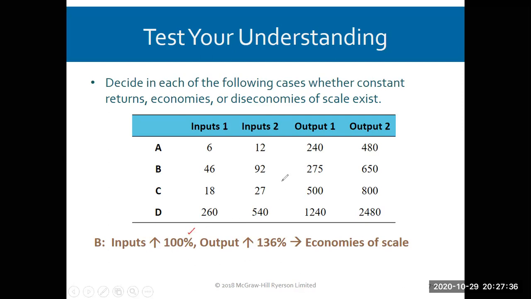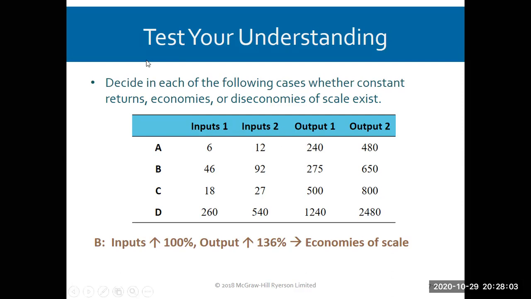Inputs went up 100% and outputs went up 650 minus 275 divided by 275 times 100. Outputs went up 136%. So that's economies of scale. We had an increase in inputs of 100% and the increase in outputs were much greater. So that's economies of scale, and we'd have a downward sloping cost curve because the average cost of production is falling for economies of scale.